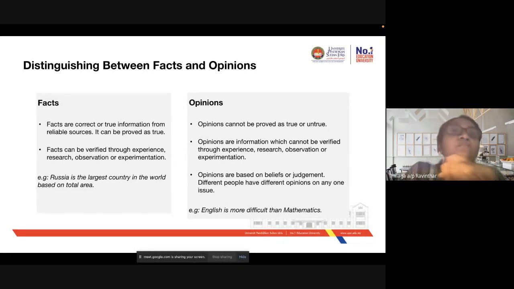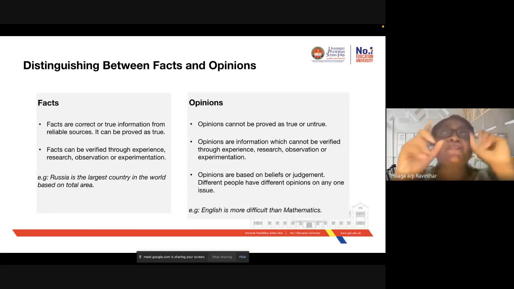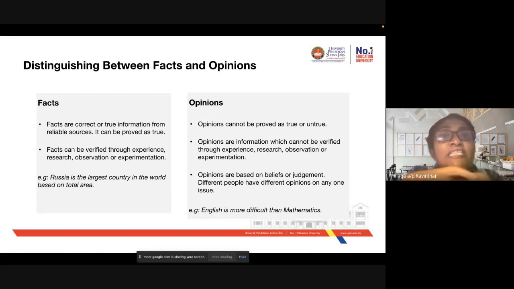Next, when we are reading a passage and dealing with supporting details, you must be able to distinguish between facts and opinions. Why? Because facts are usually evidence based, usually figures that are valid. On the other hand, opinions are merely points of view, which means they can be true or untrue.